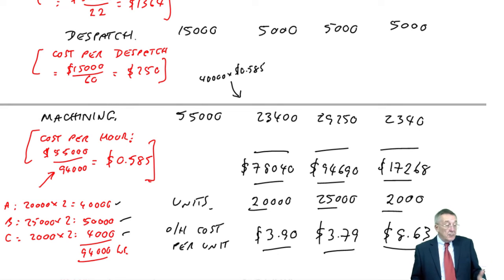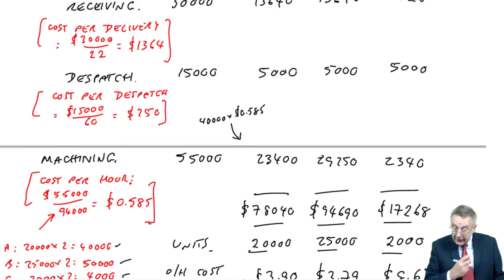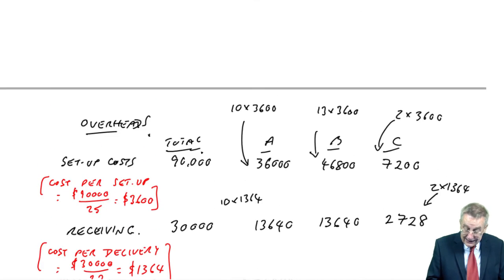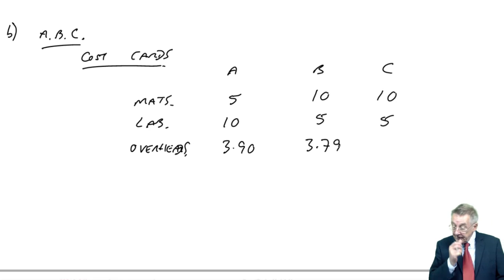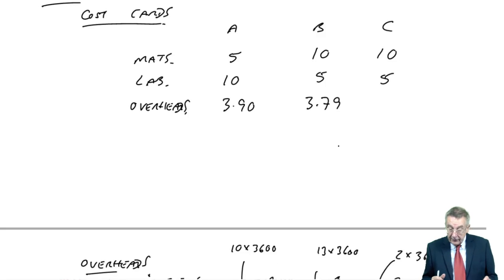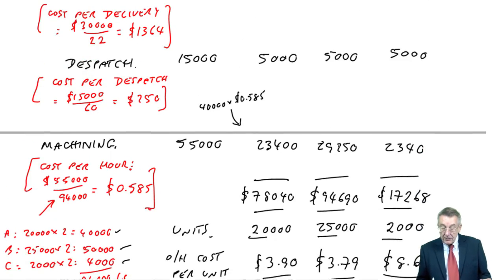Well, that was my workings. The objective, obviously, again, is to finish our cost card. So let's go back. 390 for A, 379 for B. And I'm sorry, I forgot what C was. Was it 863? Yes, it was.